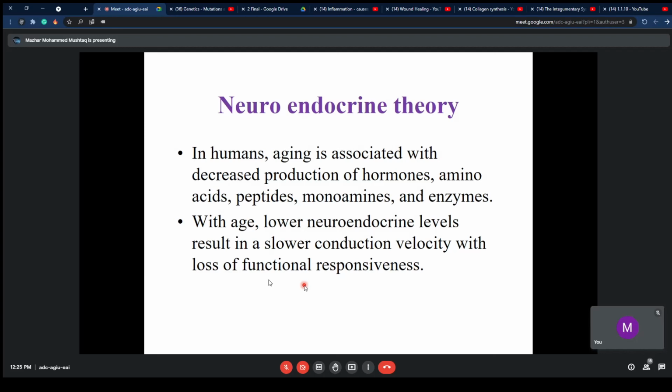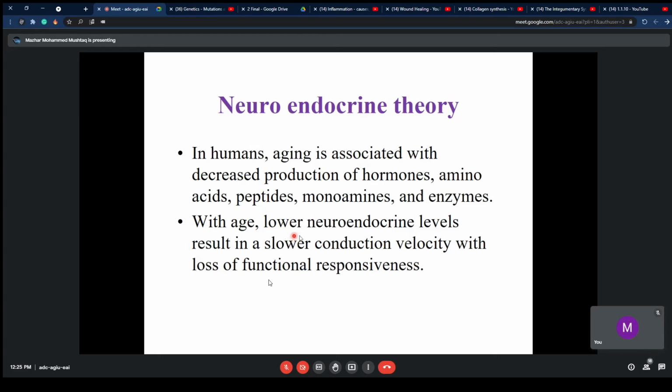Because of the ROS, it can happen that all these things get affected one by one, or one can have the amino acid problem, the other the hormone problem, and somebody else the enzyme problem. So all these things are going to have an effect on the CNS, and one can grow older even in the early stage. That is called the neuroendocrine theory.